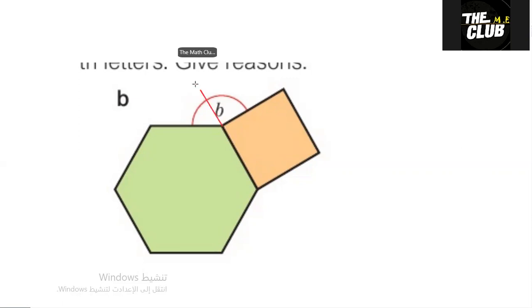We split the angle between them. This is the exterior of the square. And the exterior of a square is always what? It's always a right angle because the interior is 90. So the exterior will be 90. Very good. So this exterior one is 90.